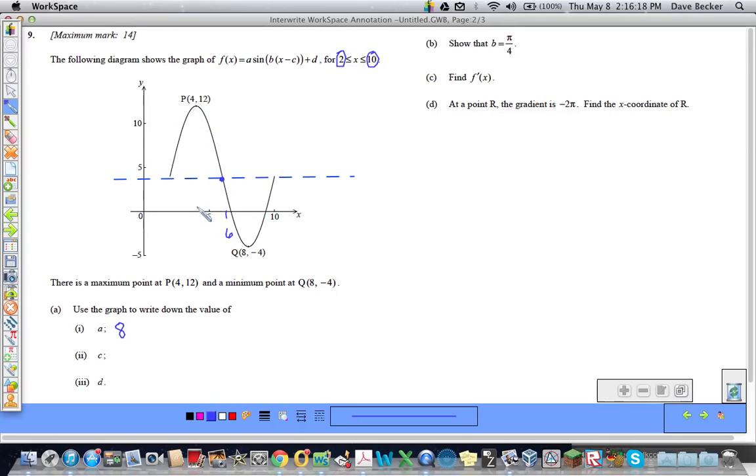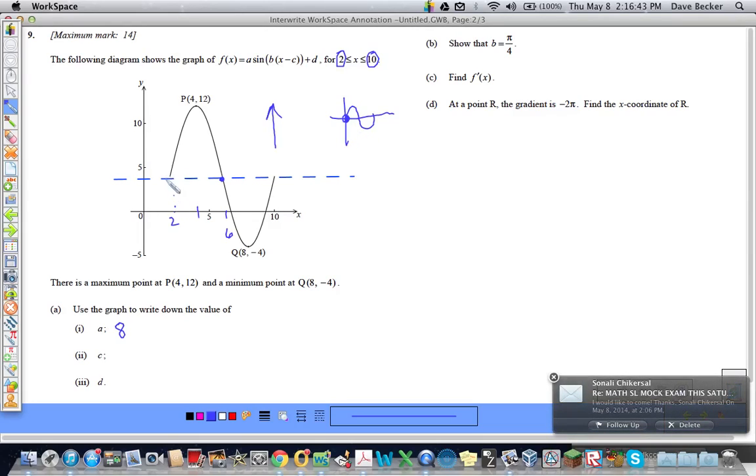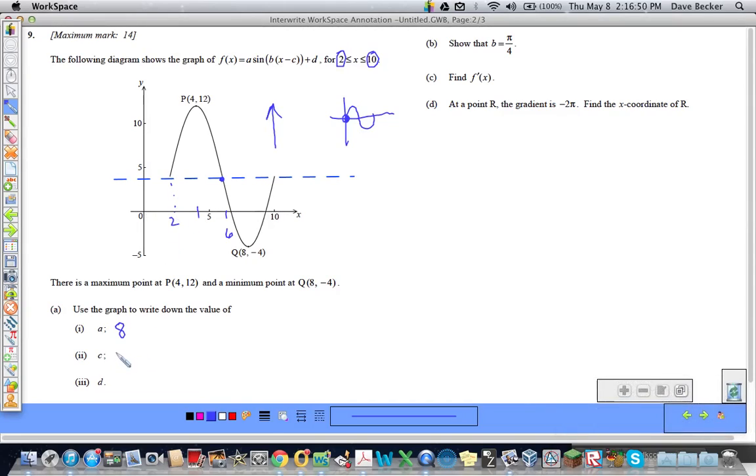If this is 4, going straight down corresponds with a 2. Why is that so important? Well, clearly this sine curve has shifted up. We're used to the sine curve being on the x-axis. The starting point is where the sine curve equals 0, which is right here. So it had to move to the right 2 units. Therefore, my C is 2.